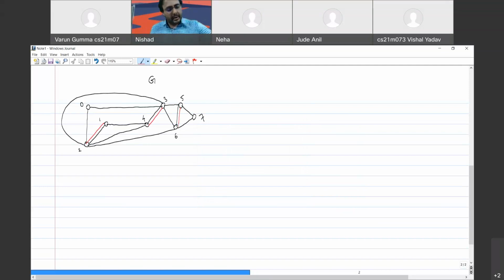Okay, this is our initial matching. Okay, and we want to build our alternating tree as we usually do and see if we can find an augmenting path using that approach.